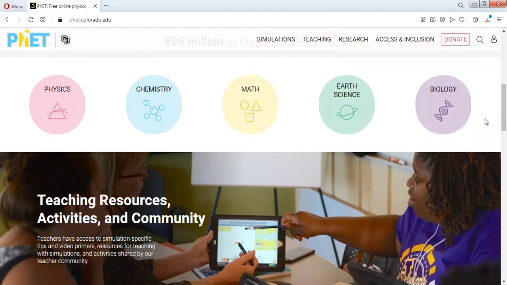Not even O-level, even for grade 6, 7, 8 students, this is very suitable. So you can understand most of the scientific concepts easily using these simulations rather than just reading a text. By looking at these simulations, we can grasp the concepts better.